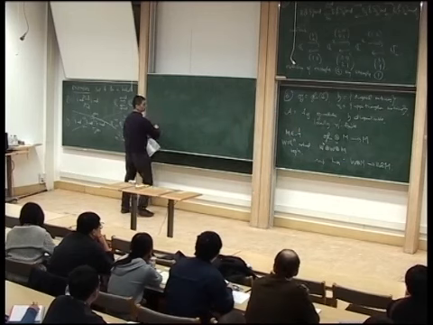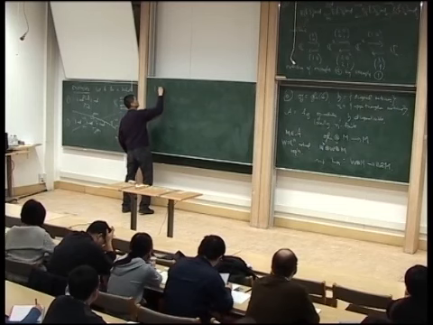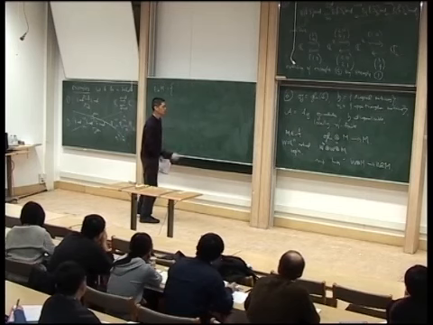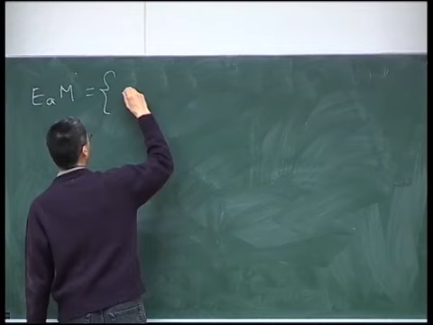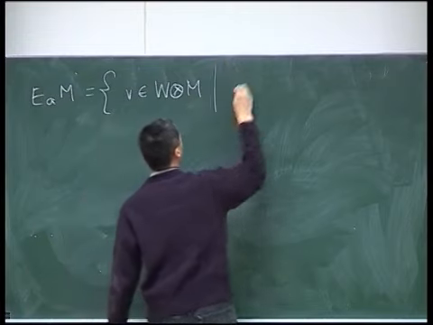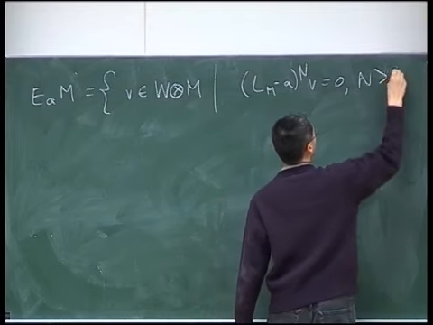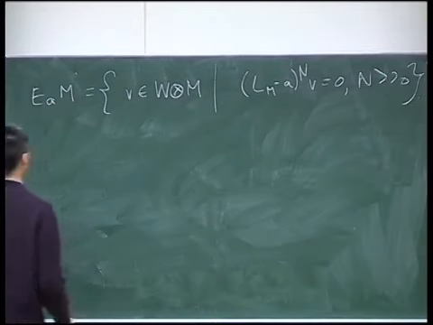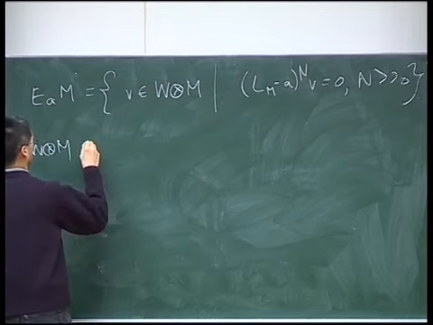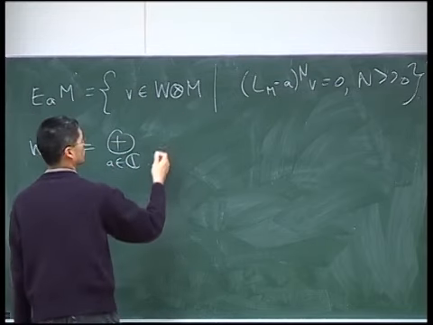So we define, say, E_a M to be the a-th generalized eigenspace for the action of L_M. And this decomposes W tensor M into a sum of generalized eigenspaces.